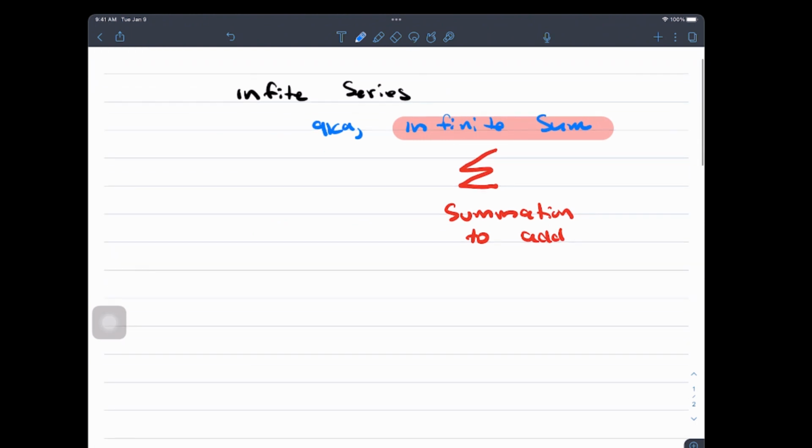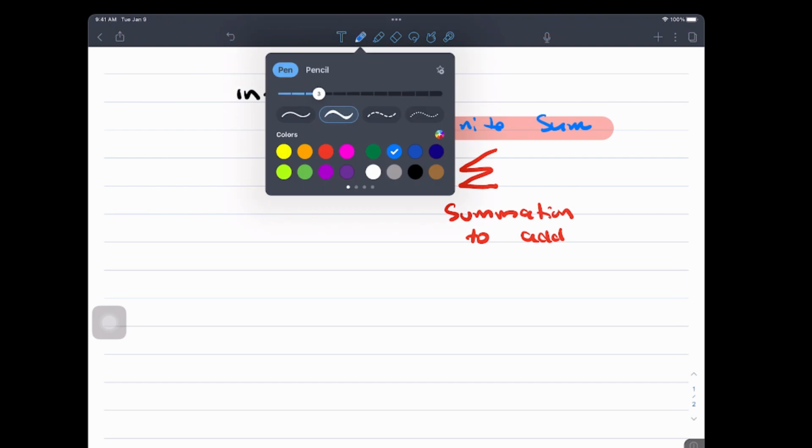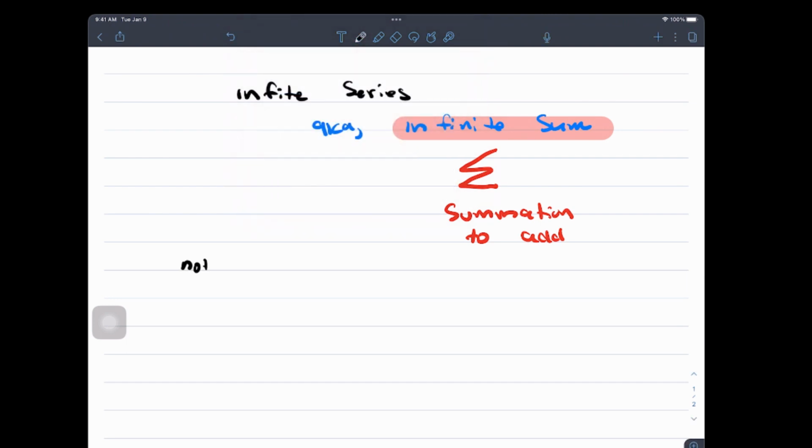So if you remember, you had a sequence. If you have a sequence, remember your notation was A1, A2, A3 forever. That's your sequence. And then you might say, well, what are we doing now?